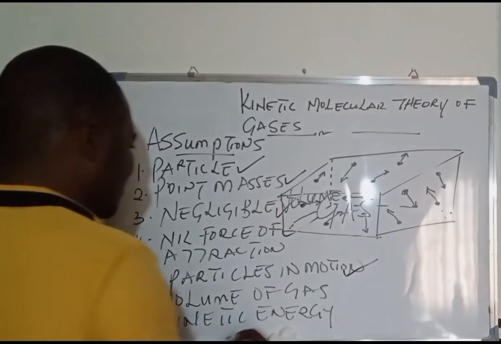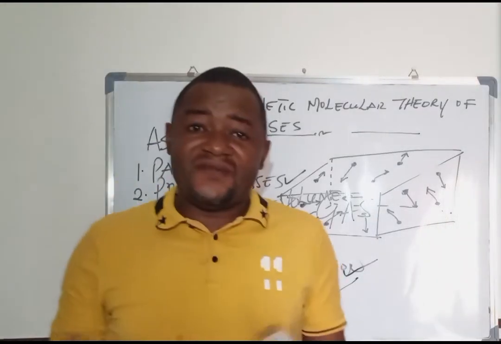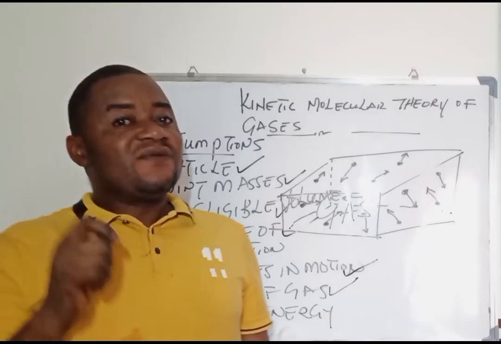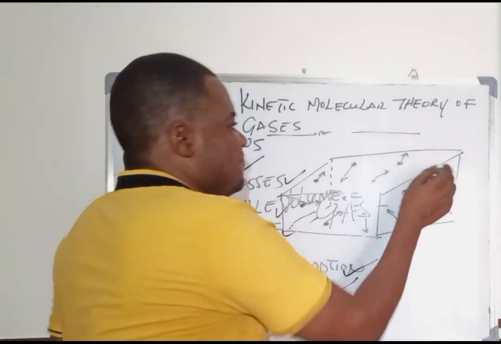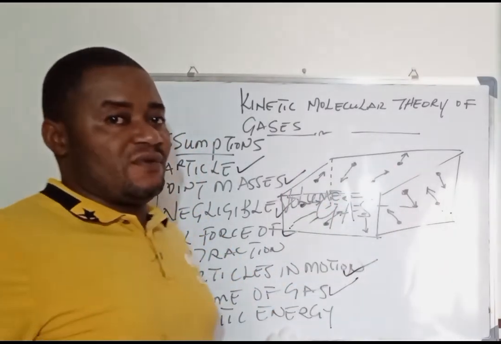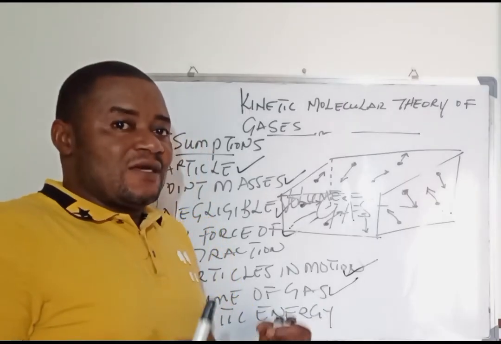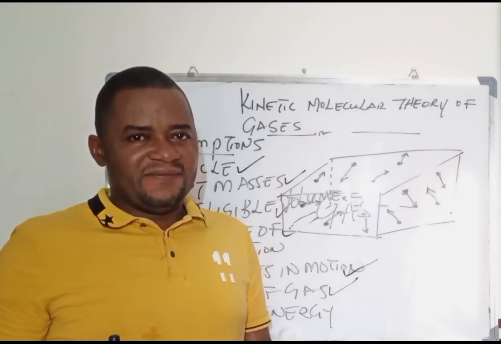Now another assumption is the volume of the gas particles. Remember that we have said before that the volume of the particles of gas at every point where they are in this container is negligible because it is quite tiny compared to the volume of the container that holds them.